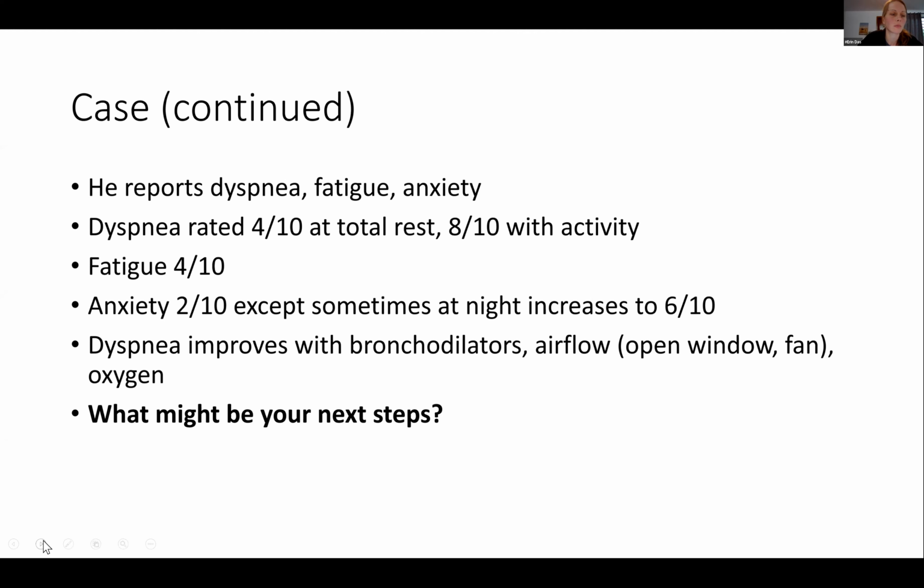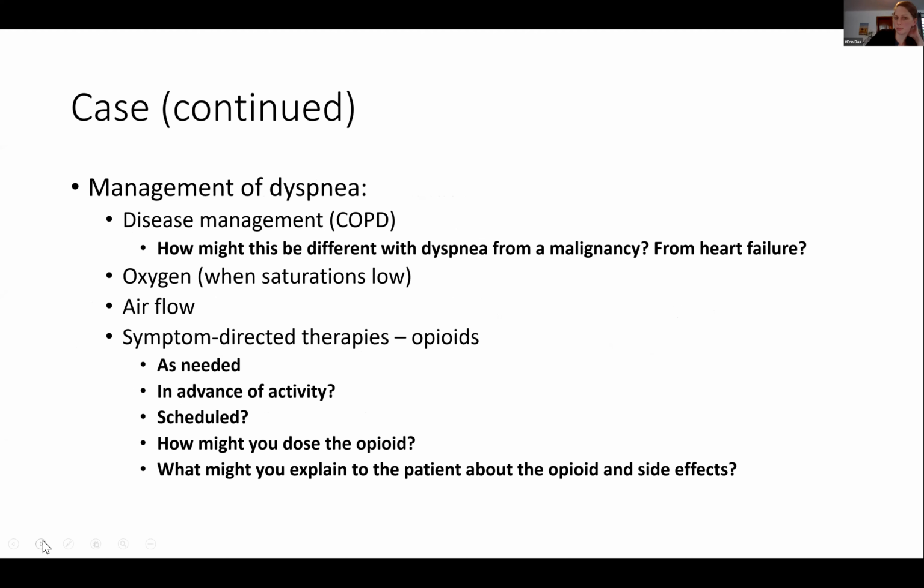All right. Okay, we're going to move on to the next one. For this patient, an option to manage their dyspnea is to manage their disease. So that would be specific management or targeted management of the COPD.